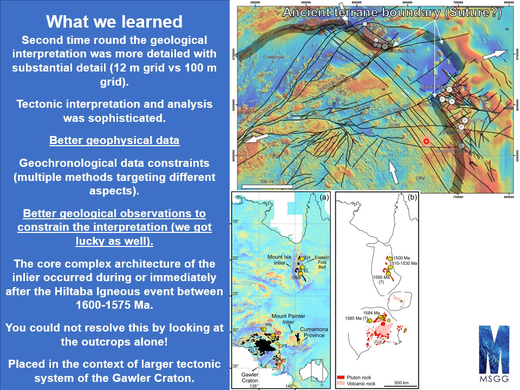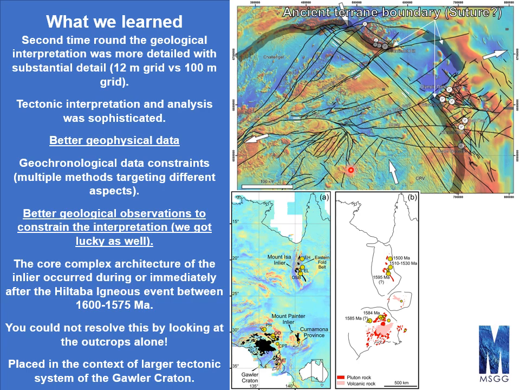This is an interpretation of Craton scale structures that formed at the same time during a roughly east-northeast, west-southwest extensional event that's responsible for this series of bird's foot splays off the master Yerta shear zone, which we've talked about previously.